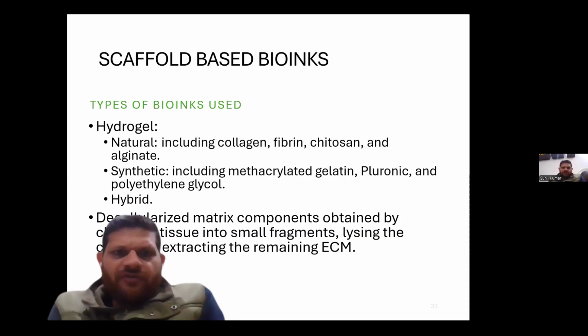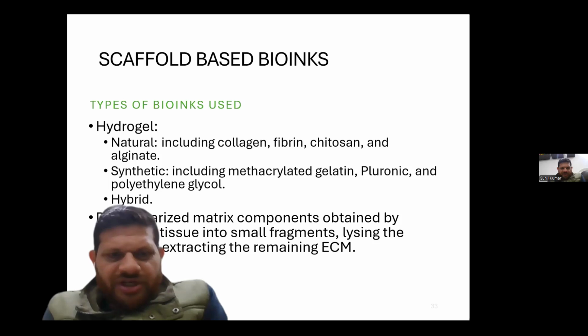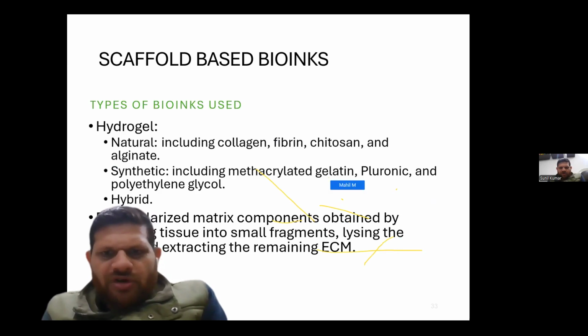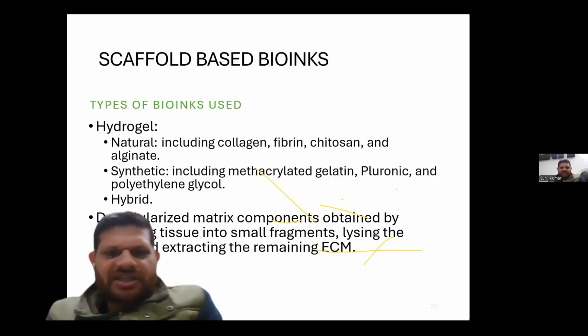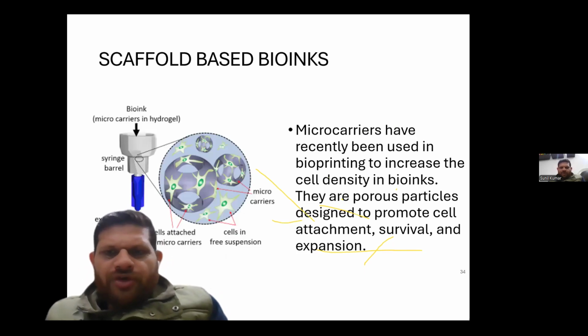Scaffold-based bioink types include hydrogels, which are of natural type, synthetic, or a mixture of natural and synthetic. Decellularized matrix components are obtained by chopping tissues into small fragments, lysing the cells and extracting the remaining ECMs. Microcarriers have recently been used in bioprinting to increase the cell density in bioinks.